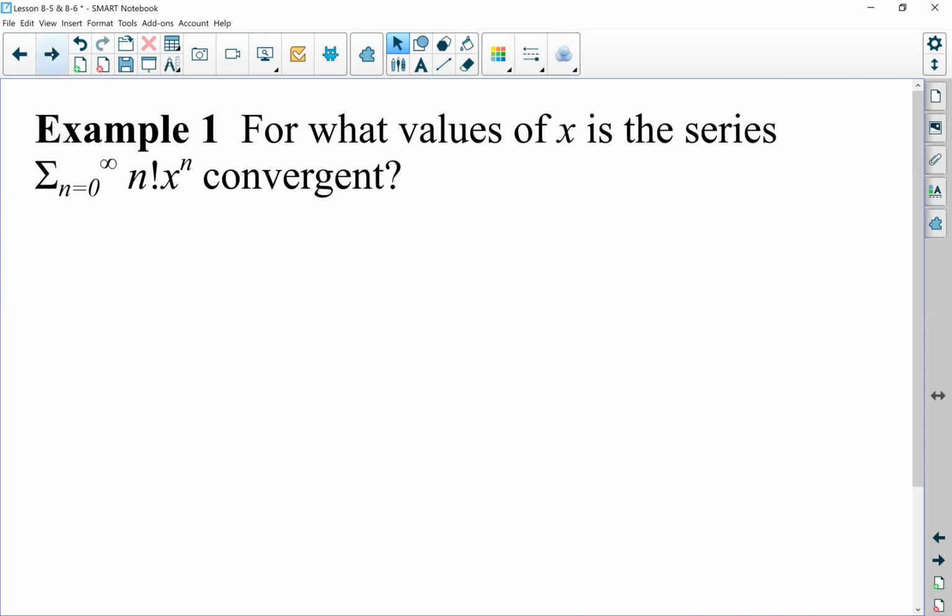All right, so we get something like this. For what value of x is the series, the sum n equals 0 to infinity of n factorial over x to the n, convergent?